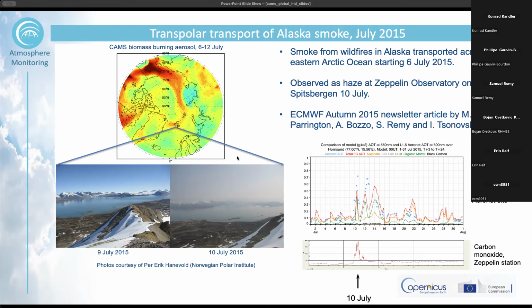Svalbard is quite a decent location for evaluating our forecasts, as there are a couple of AERONET sites and also some measurement sites. These two panels on the right show the AOD during these days, and also some surface carbon monoxide to show that this plume was also detected there at Svalbard.